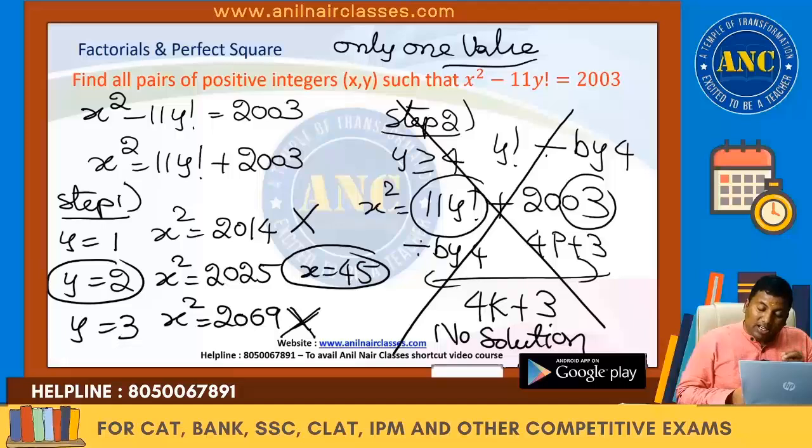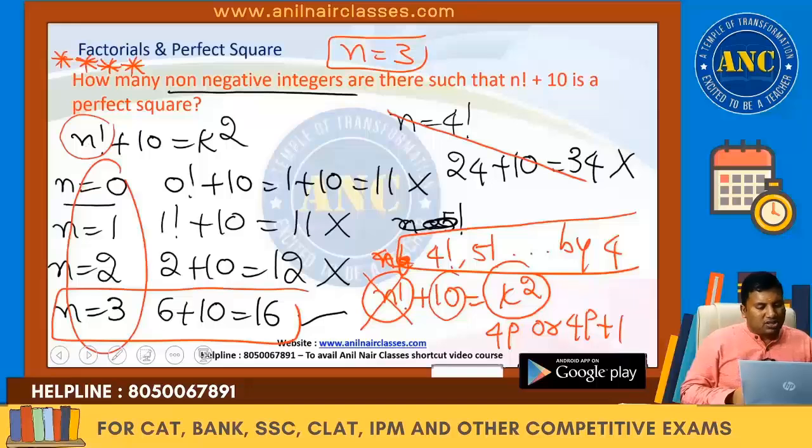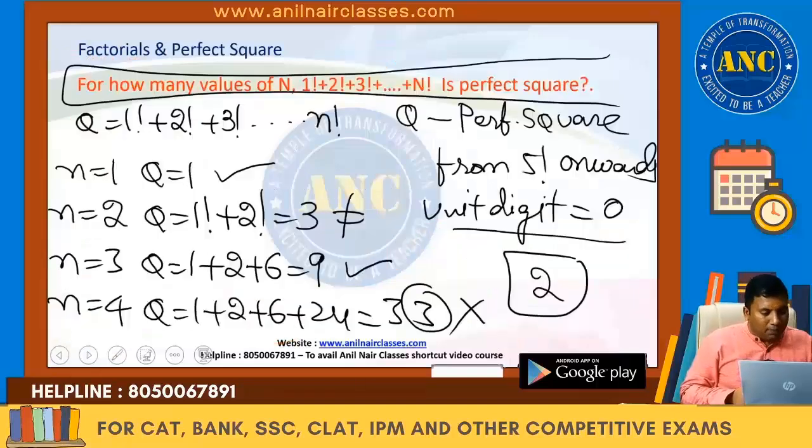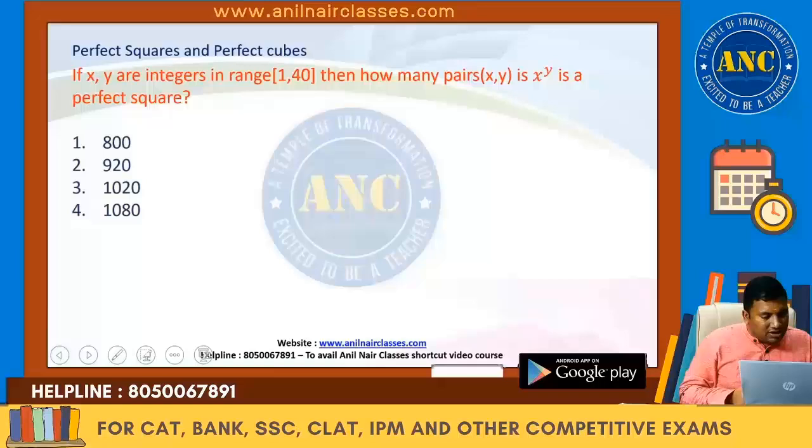Any factorial starting from 4 onwards, 4 factorial, 5 factorial, 6 factorial, is divisible by 3. What is the logic that I used? A perfect square will always be of the form 4k or 4k plus 1. A perfect square never ends with 2, 3, 7 or 8.